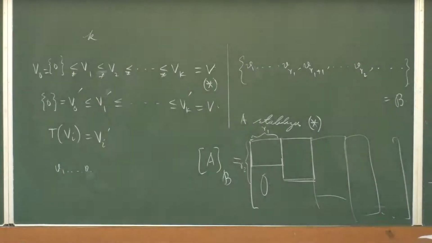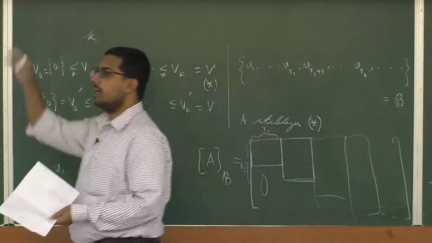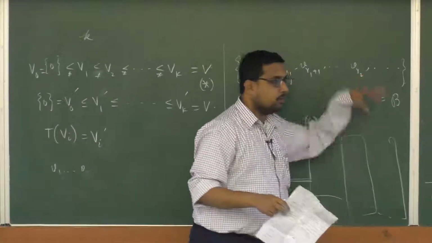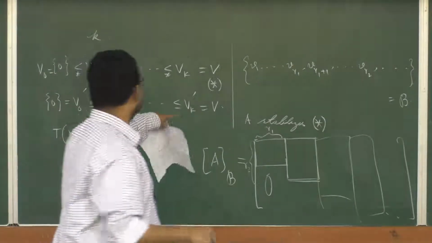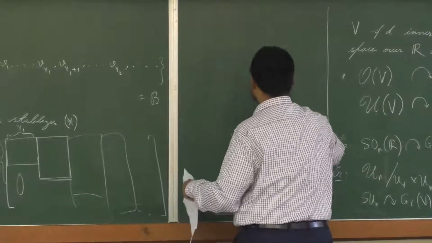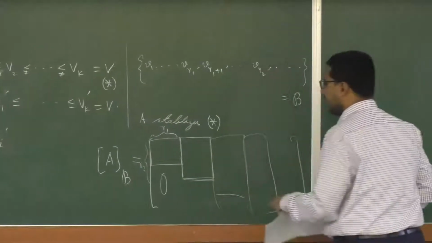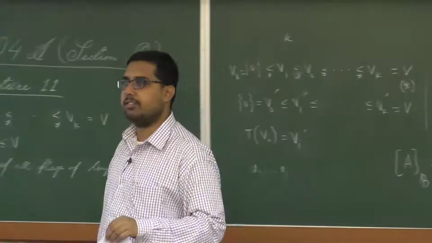You can think of this as a generalization of upper triangular matrices: above the diagonal you have blocks. In particular, when K is n, that is a maximal flag. For a maximal flag, R1 will be 1, R2 will be 2, so in that case what you get is an upper triangular matrix, right?